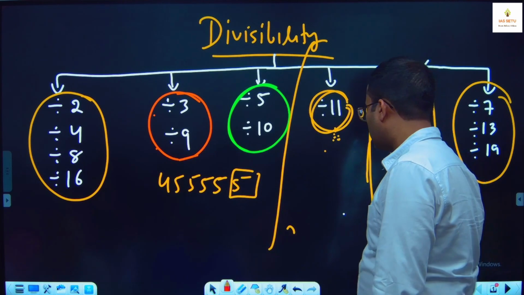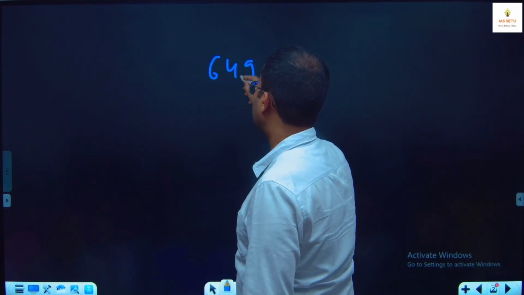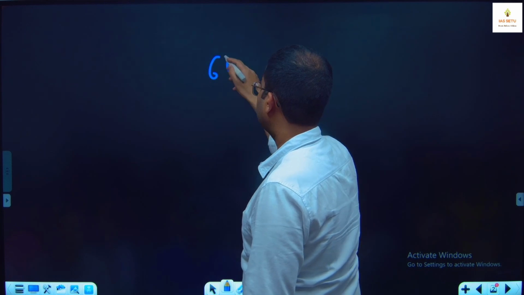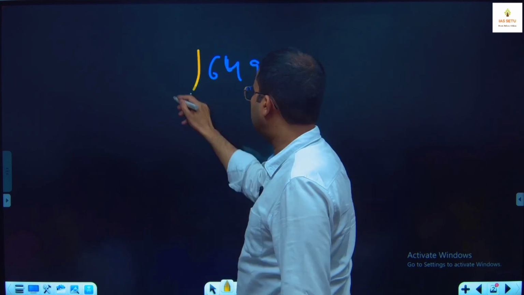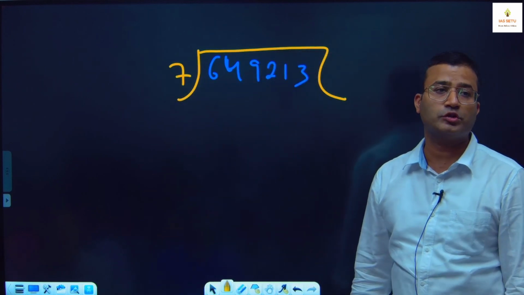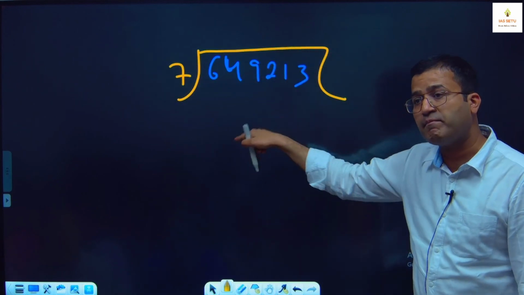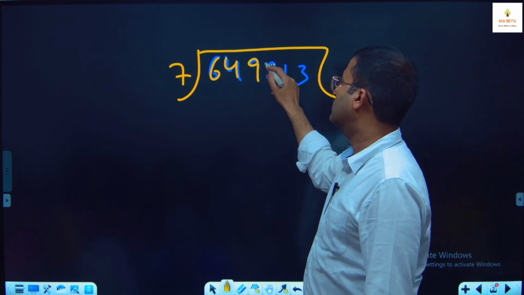Divisibility of 7, you take any of the number like 6, 4, 9, 2, 1, 3. This is your method. I will discuss UPSC previous year question, and with the help of same method I will solve question in front of you. ठीक है?